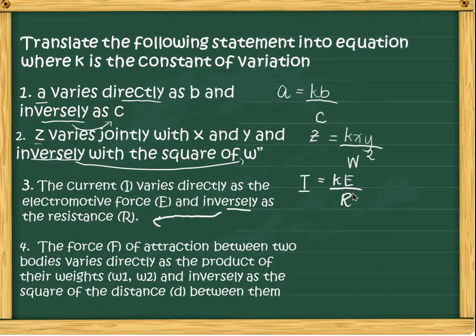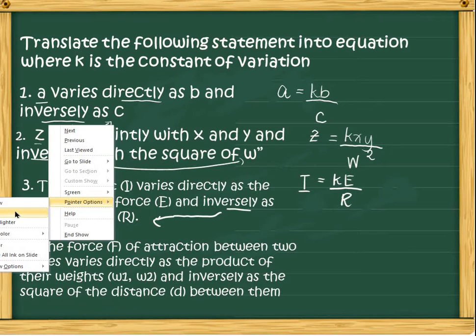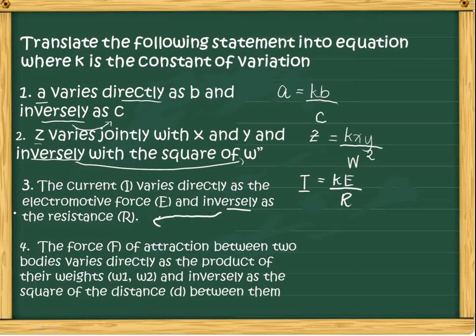Last item, the force F of attraction between two bodies varies directly as the product of their weights, weight sub 1, weight sub 2, and inversely as the square of the distance between them. So we have here varies directly, and we have here the inversely. So the first variable na in-state ay si F. F stands for the force.